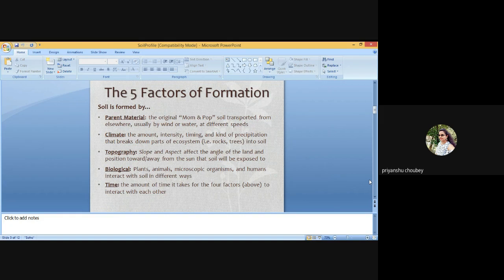Soil horizons are of two types, genetic horizons and diagnostic horizons.